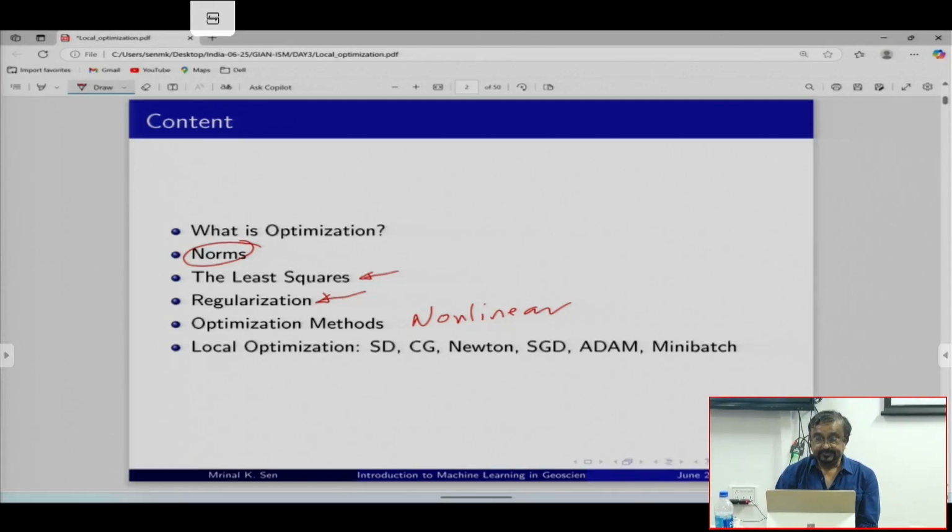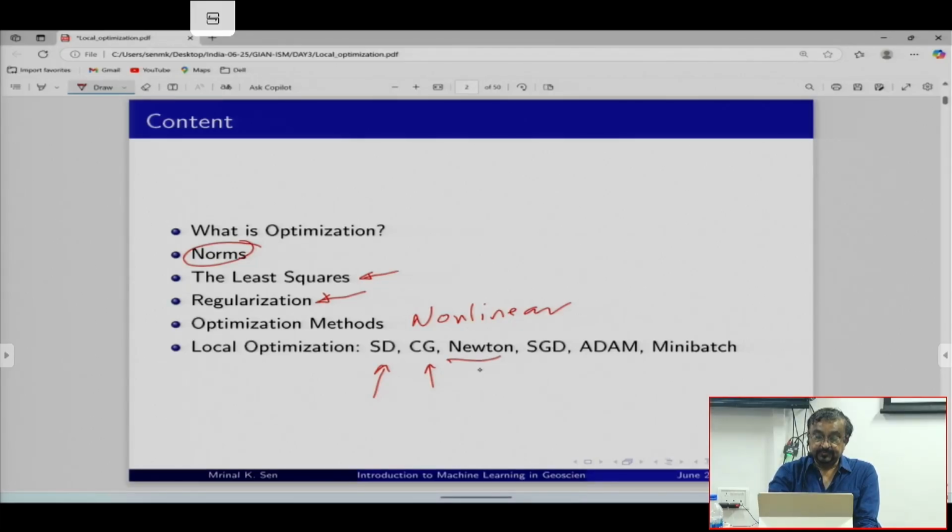Okay? So there are different methods like steepest descent, then a variant of steepest descent. There's another method called conjugate gradient, which addresses some of the limitations of steepest descent. And I don't think we can really strictly call it a variant of steepest descent. Then we have something called the Newton method.